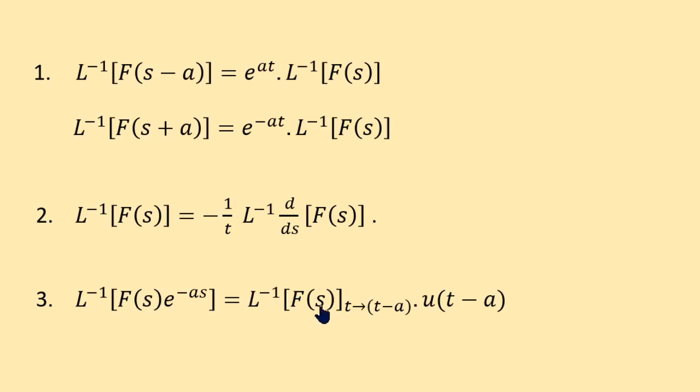See, L inverse of f of s is f of t. If t is replaced by t minus a, it becomes f of t minus a into unit step function u of t minus a. So remember these three formulas. I am going to discuss some questions on how to find the inverse Laplace transform using the partial fraction method and using the first rule, second rule and third rule.